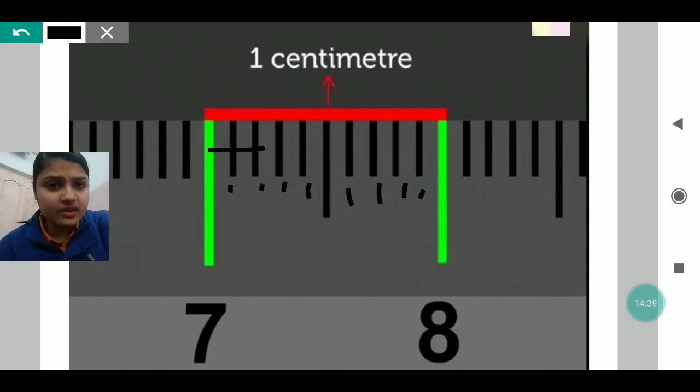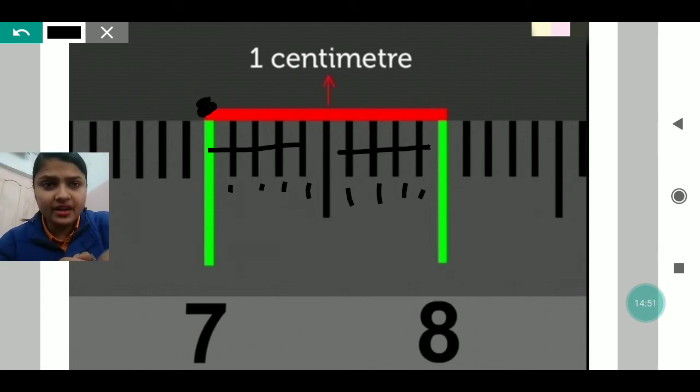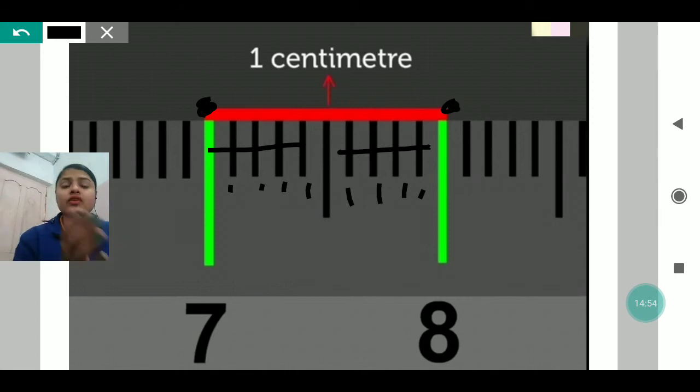Here it is 5 subdivisions and here it is 5 subdivisions. Total 10 divisions complete 1 centimeter on a ruler. If the length of a particular line is from 7 to 8, then you can consider that the length of that line is 1 centimeter.